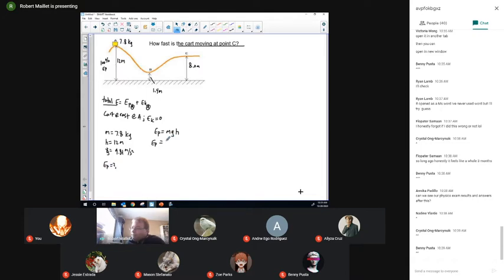And so I can plug and play. 7.8 kilograms times 9.81 meters per second squared times a height, 12 meters, means I should have a total energy of 7.8 times 9.81 times 12, 918.216 joules.